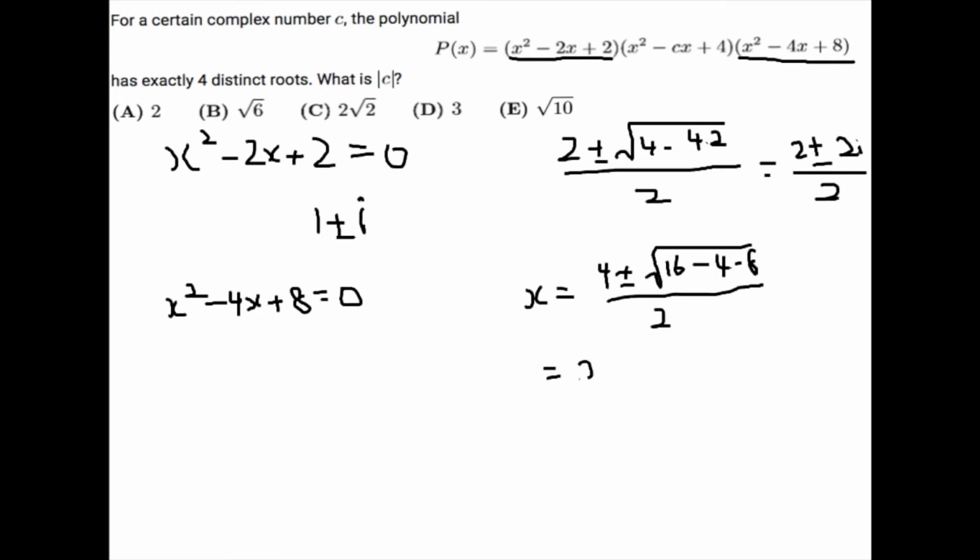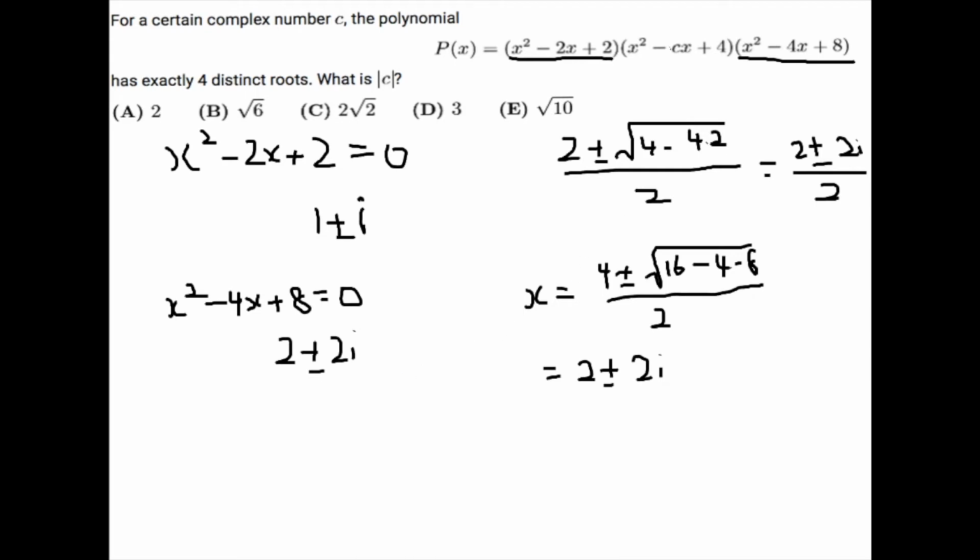This is 2 plus or minus, 4 times 8 is 32, 16 minus 32 is negative 16, so 4i over 2. So this is 2 plus or minus 2i. So we notice that since the polynomial has 4 distinct roots, all these roots are here. So the roots are 1 plus i, 1 minus i, 2 plus 2i, and 2 minus 2i.